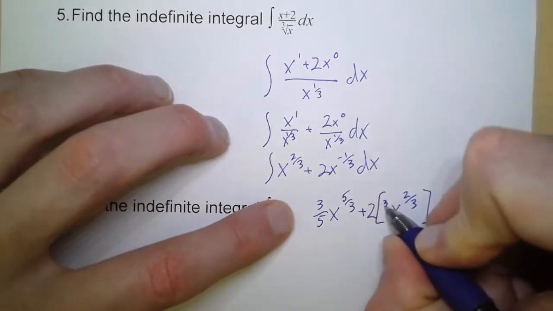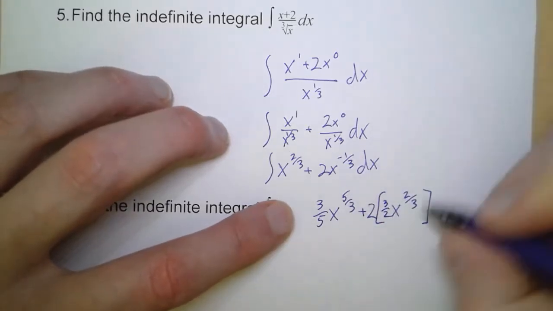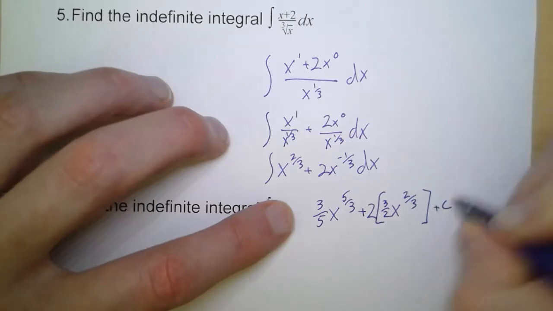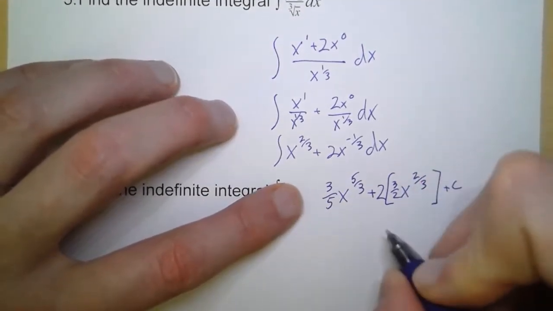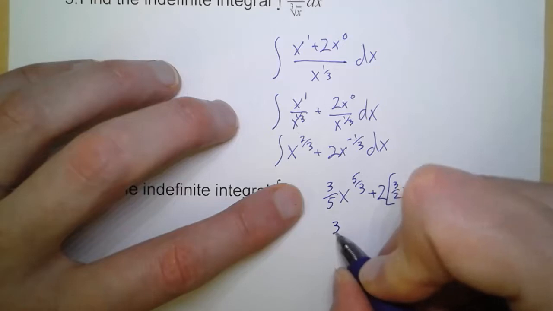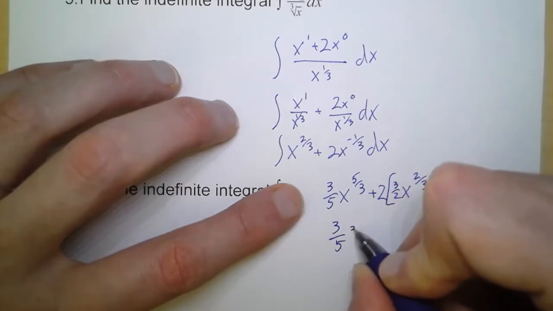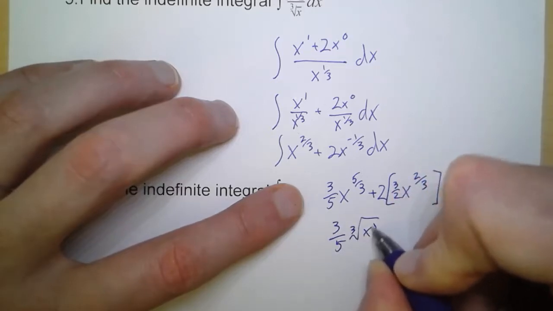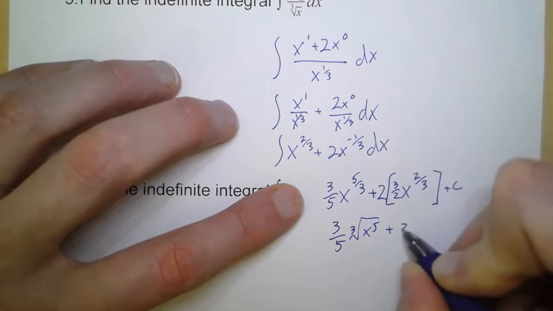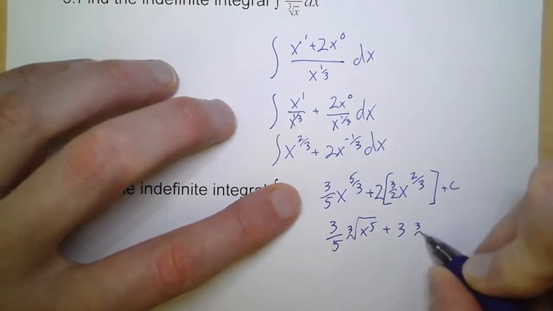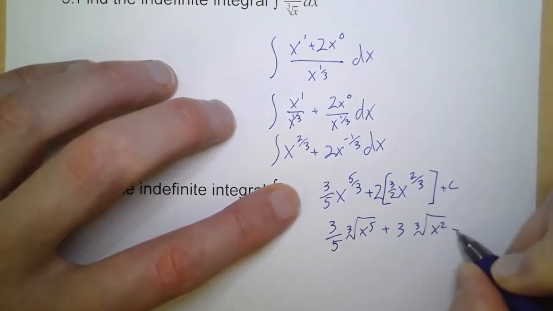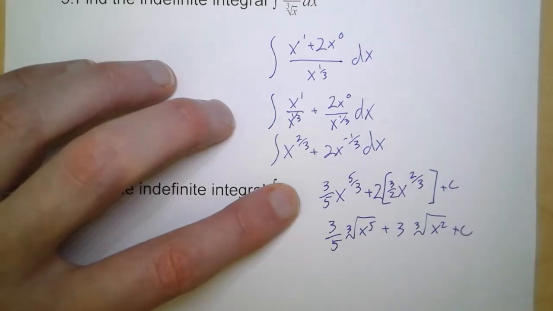And that's true here, so that means this is 3/2. That's the reciprocal. So if we simplify this, this is 3/5 times the cube root of x to the 5th plus 3 times the cube root of x squared plus c.